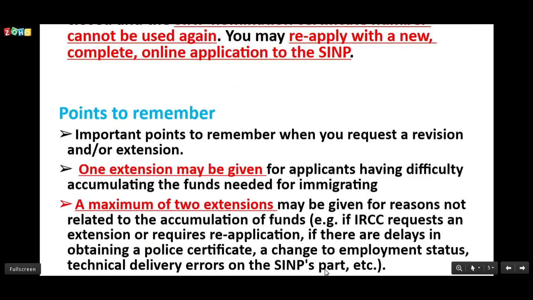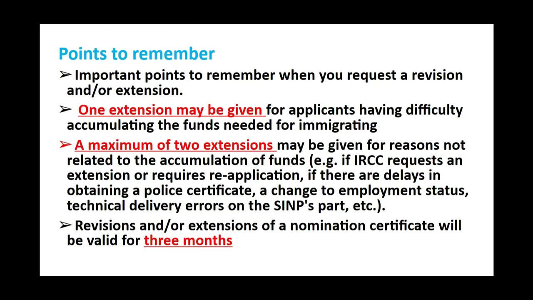Another point is one extension may be given for applicants who are having difficulty accumulating the funds needed for immigrating. So if you have any problems with the funds, then you may be given one extension.